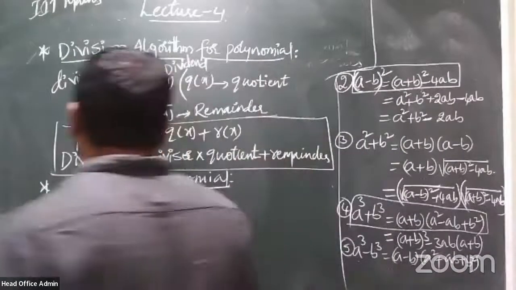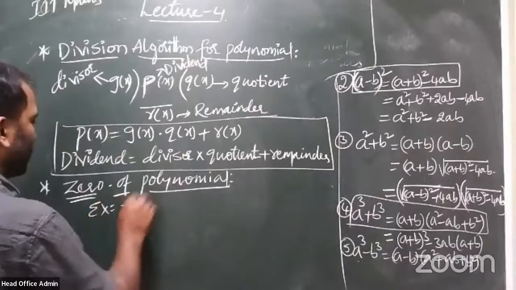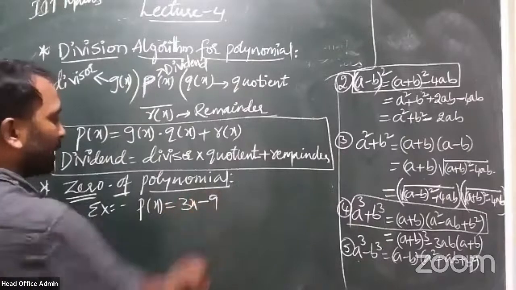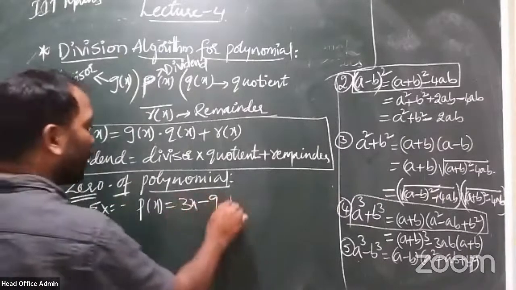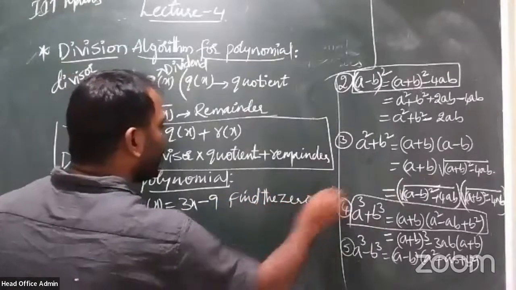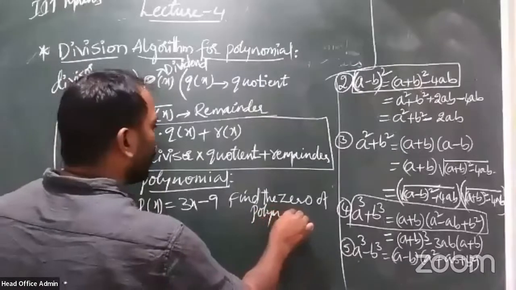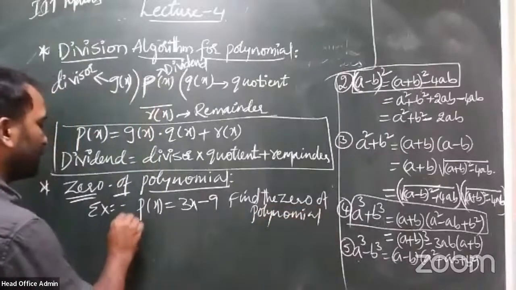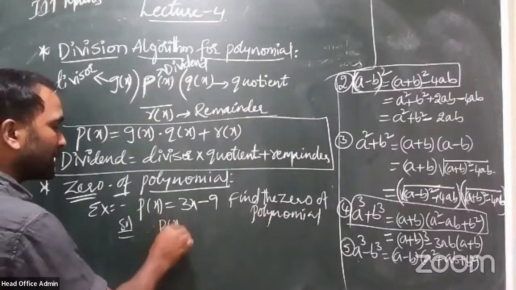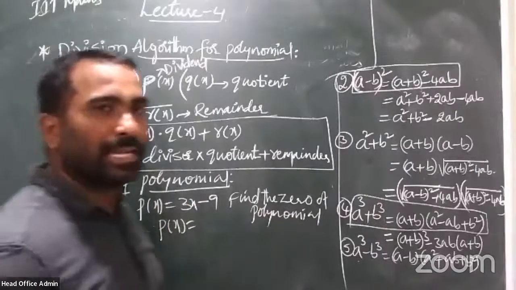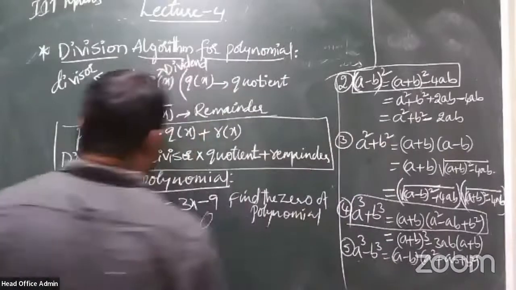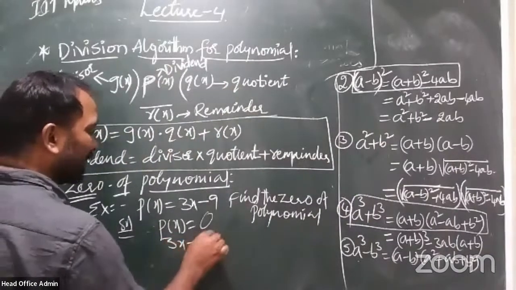For example, p of x is equal to 3x minus 9. Find the zero of the polynomial. So p of x equal to 0, which is 3x minus 9 equal to 0.